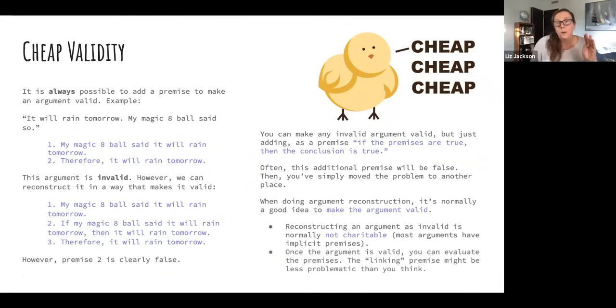But once the argument is valid, then we can move to evaluating the premises. And this linking premise, if the argument's plainly invalid, it's probably going to be a pretty implausible premise, right? But once you reconstruct the argument as valid, the linking premise might be less problematic than you think. So it's worth at least trying to make our arguments valid to the best of our ability, and then evaluating the premises.